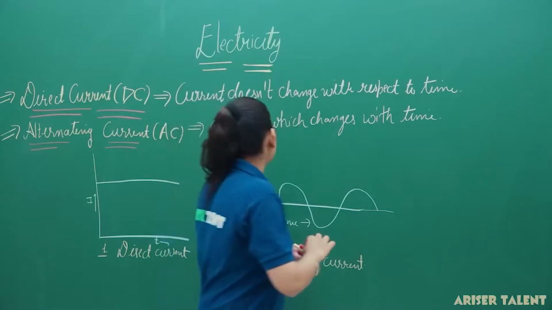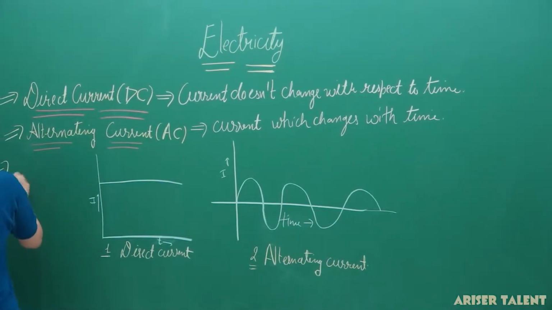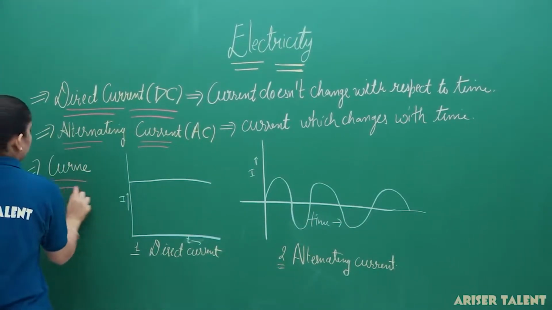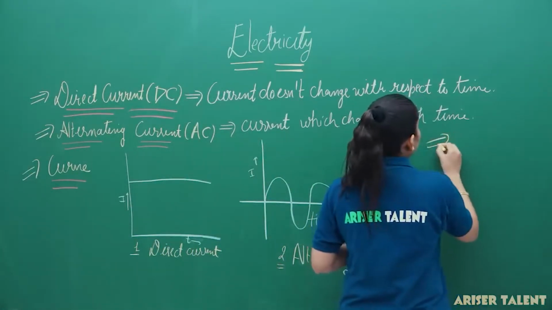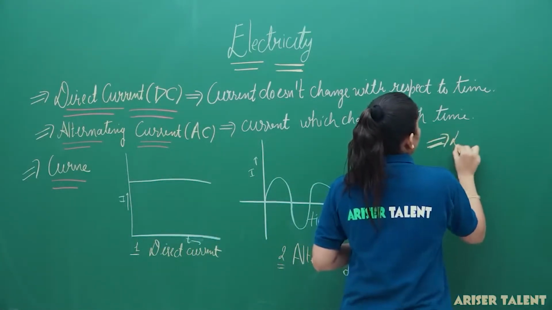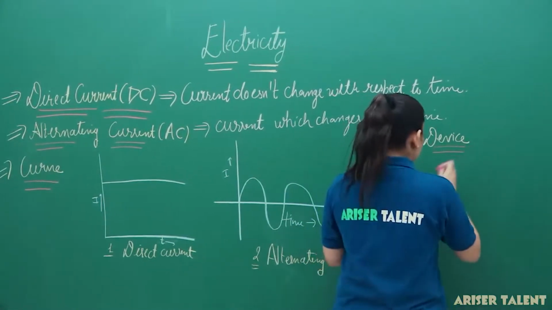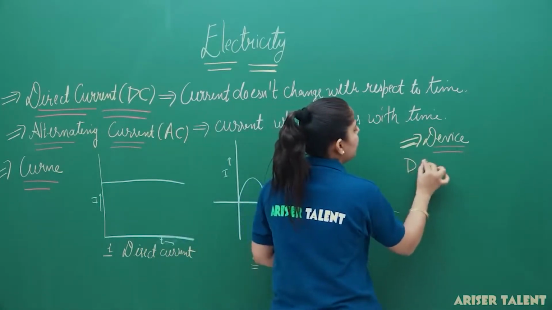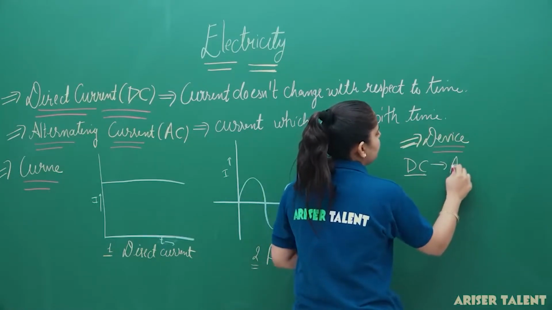It can be measured only by specific devices or high frequency devices designed for measuring AC current. So one more difference we find here is regarding the device. And what is the device? If we are going to measure DC current, we will require an ammeter.